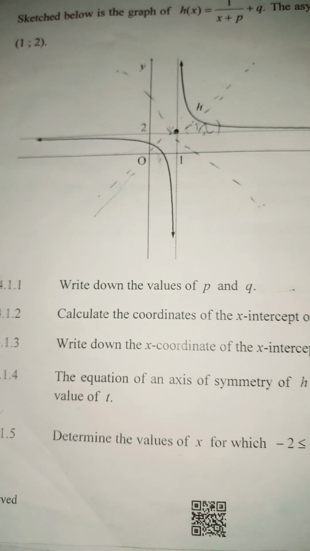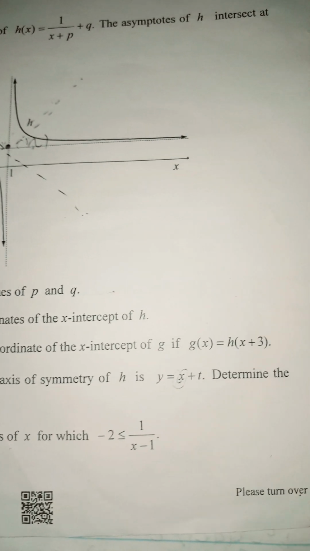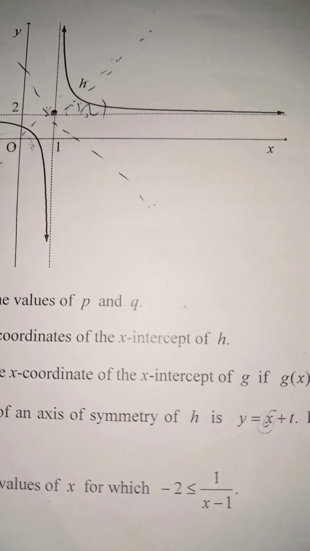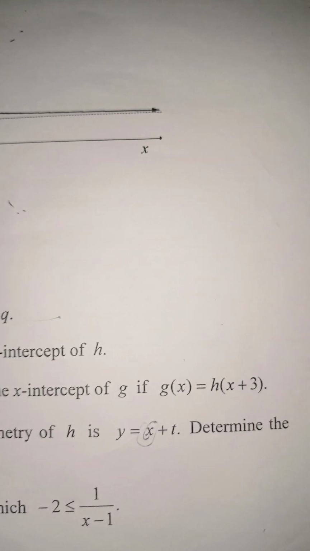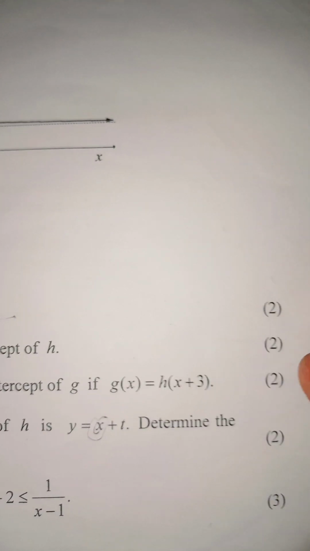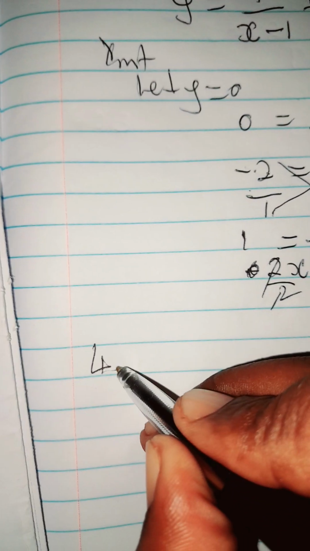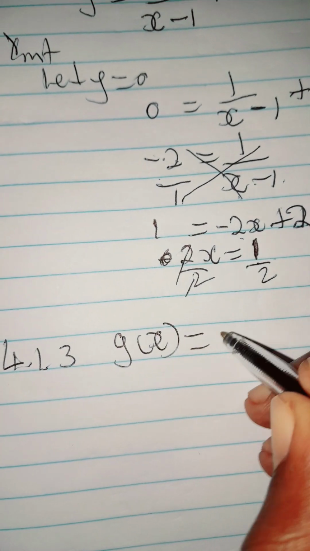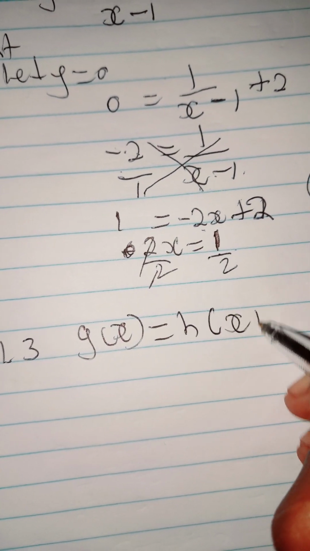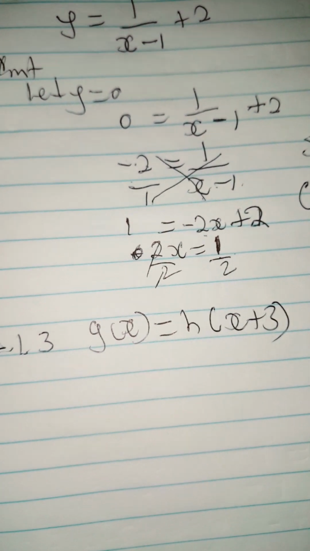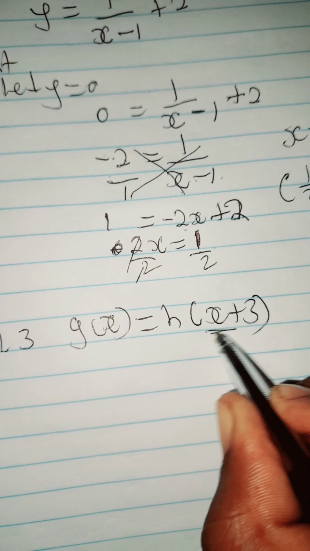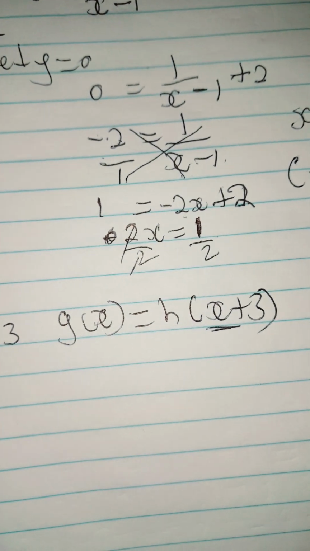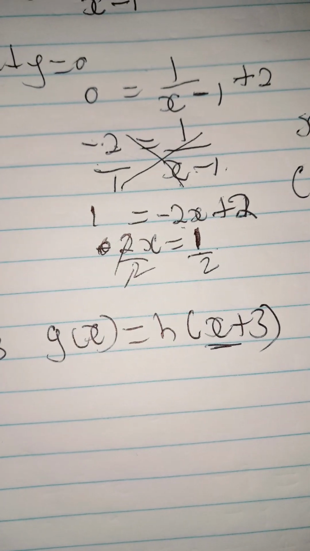Then let's go to 4.1.3. At 4.1.3 we are required to write down the x-coordinate of the x-intercept of g, if g of x is equal to h of x plus 3.